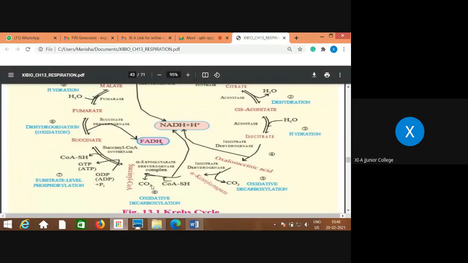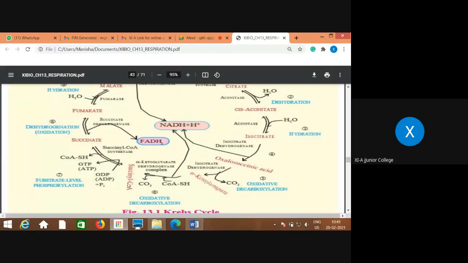Because the coenzyme in the matrix gets attached again, and then this succinyl coenzyme A is formed in presence of the alpha ketoglutarate dehydrogenase complex. So here, 2 things happen at a time. That is, this 5-carbon compound alpha ketoglutarate gets converted into a 4-carbon compound with decarboxylation.